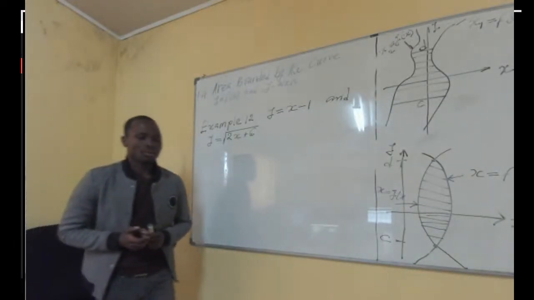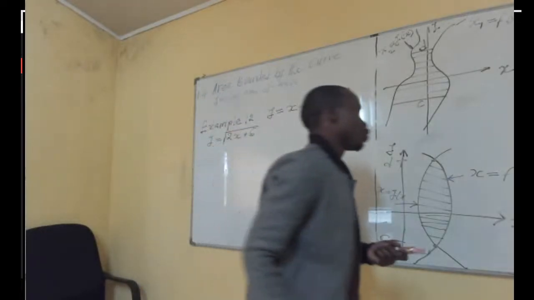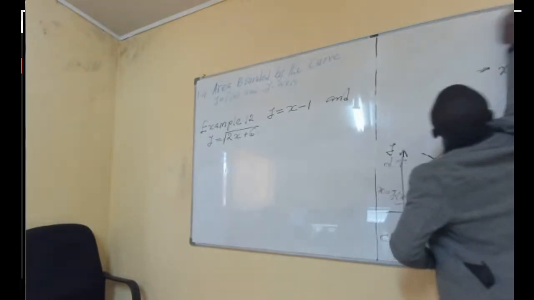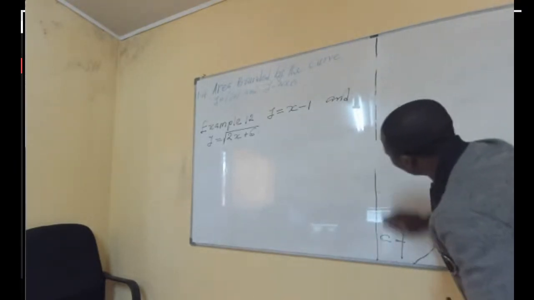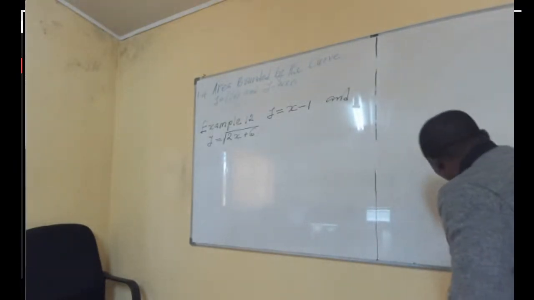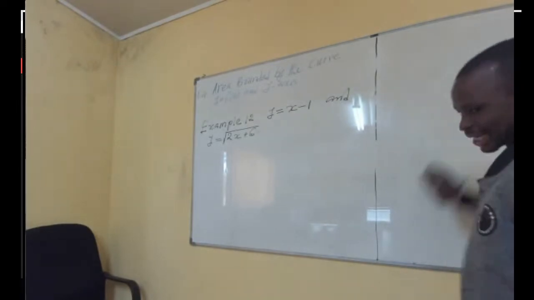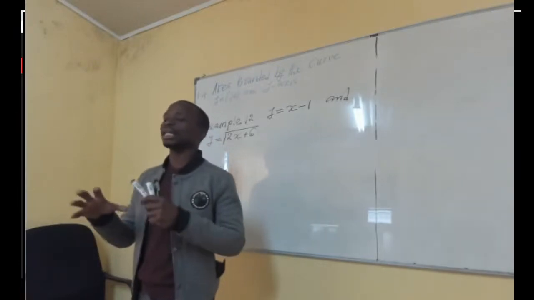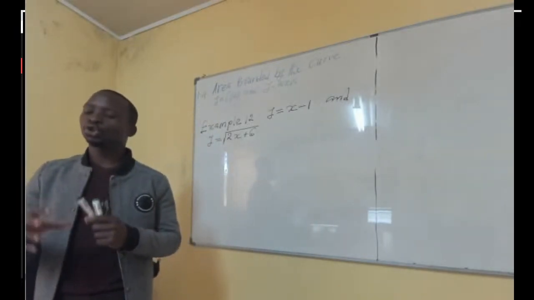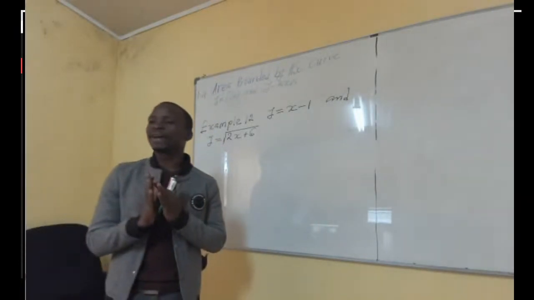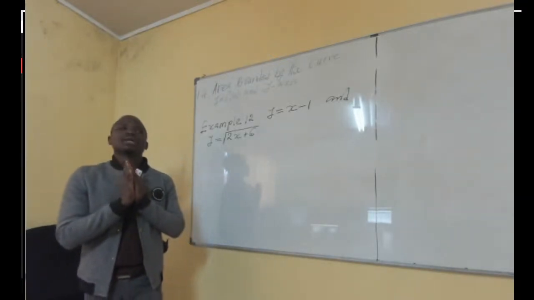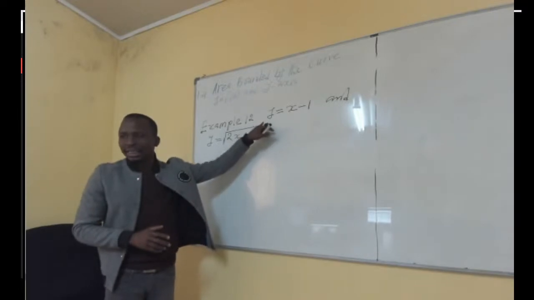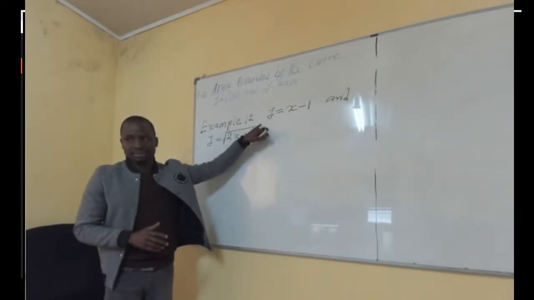So now we can't sketch the graphs if we don't know how this curve looks like. But the first thing first is you are supposed to find the points at which these two curves intersect. So to find the points at which these two curves intersect, it means you are supposed to solve these two equations simultaneously.